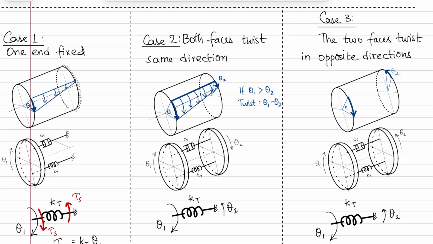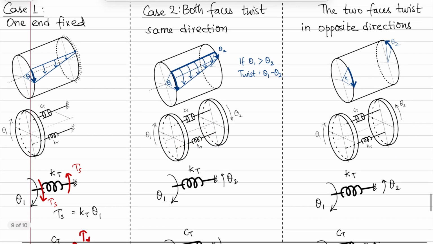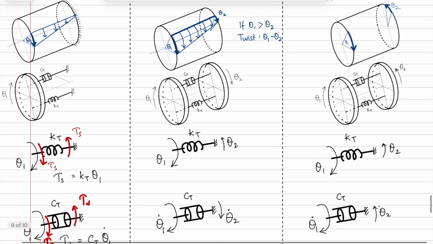So now in this equivalent representation, the torsional spring is going to experience θ1 minus θ2, and the damper is going to experience θ1 dot minus θ2 dot. Okay, and so for that idea, where θ1 is greater than θ2, we would then have tau s is equal to θ1 minus θ2 times Kt. It would be in the direction of θ1, since that is what is greater.